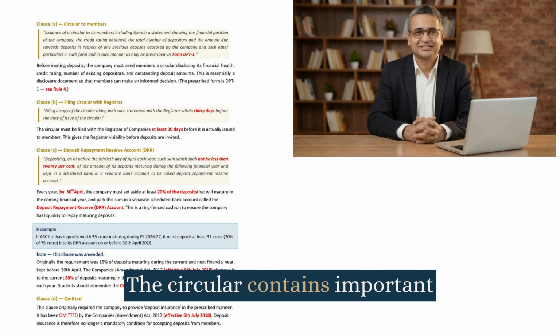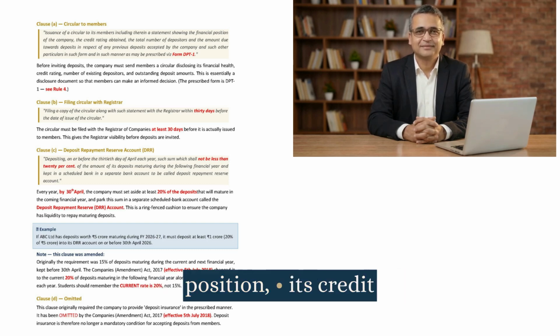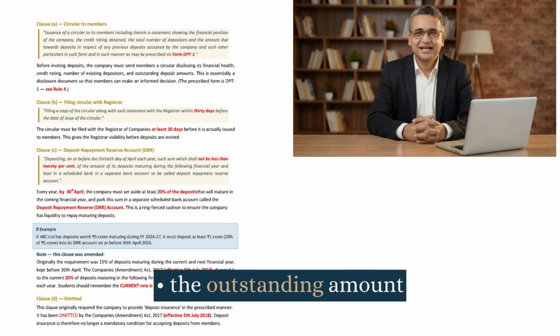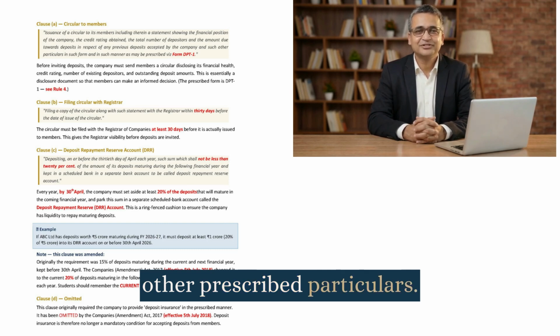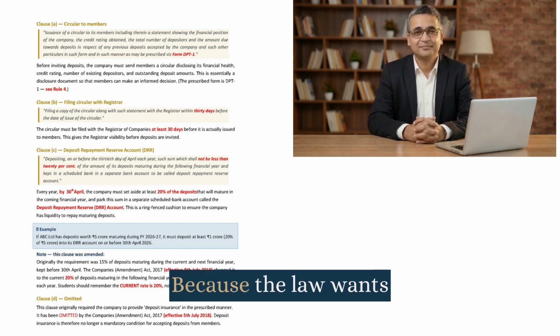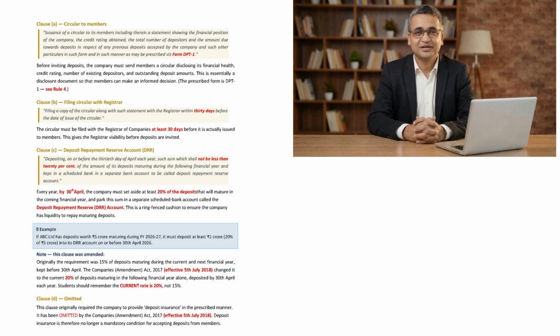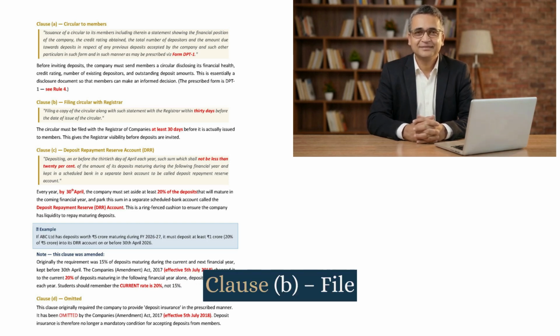The circular contains important information such as the company's financial position, its credit rating, the total number of existing depositors, the outstanding amount of previous deposits, and other prescribed particulars. Why? Because the law wants every member to make an informed decision, not an emotional one. Remember this: no disclosure, no deposits. That's the purpose of Clause A.